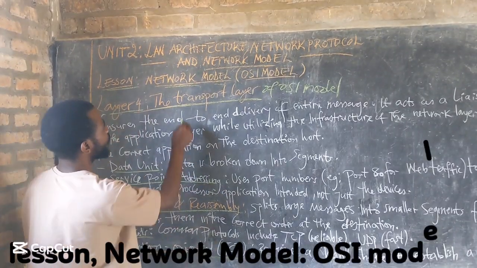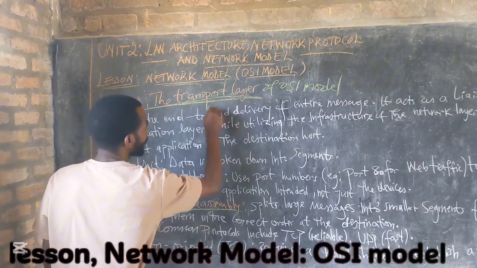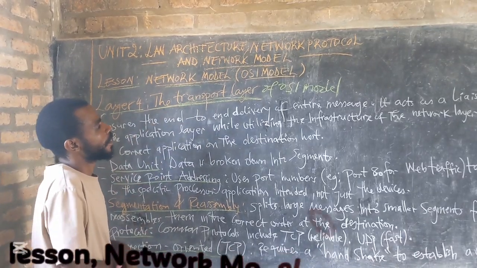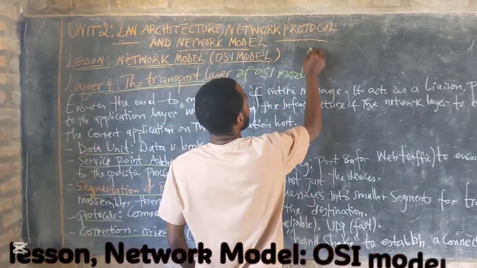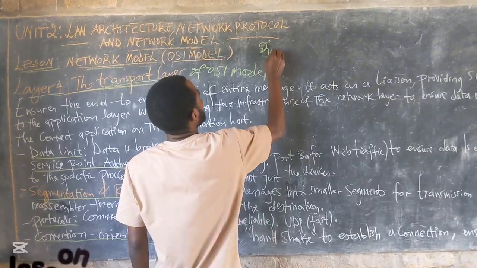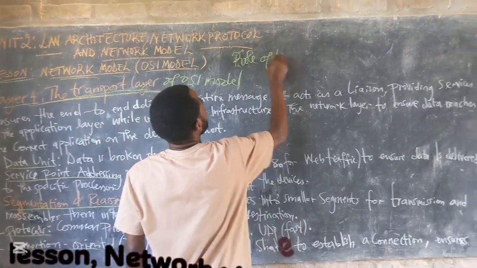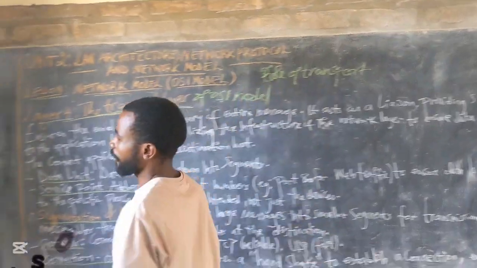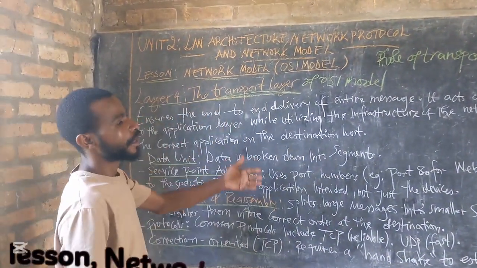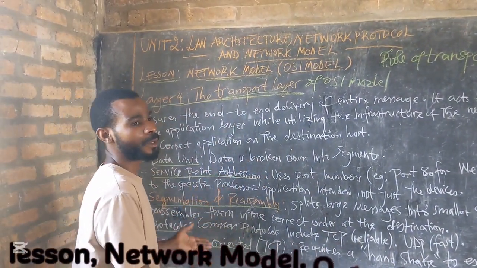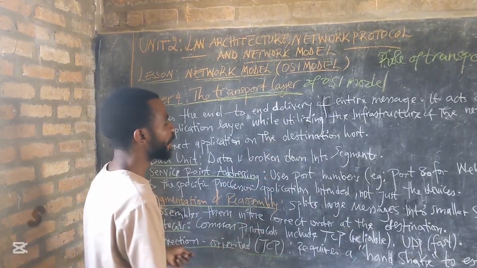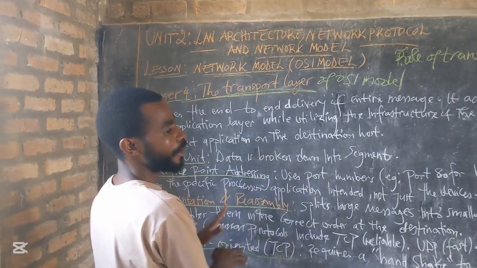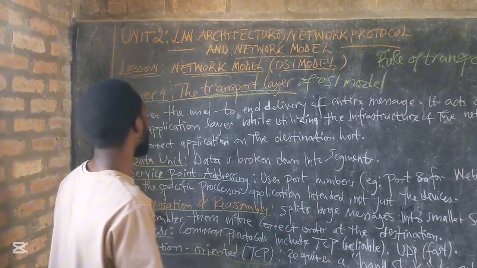Layer 4 is called the transport layer. Then at that time I can ask you, what is the role of transport? Transport devices are used to transmit, to carry the delivery product from a seller to a buyer.